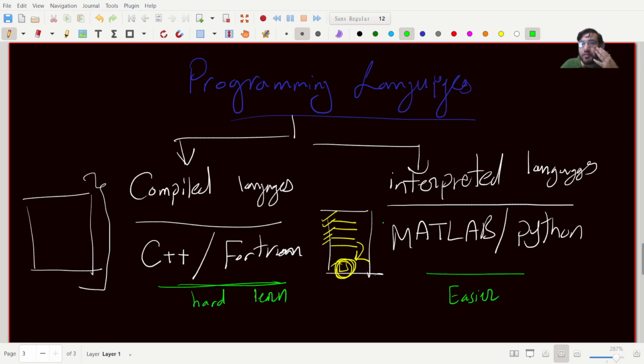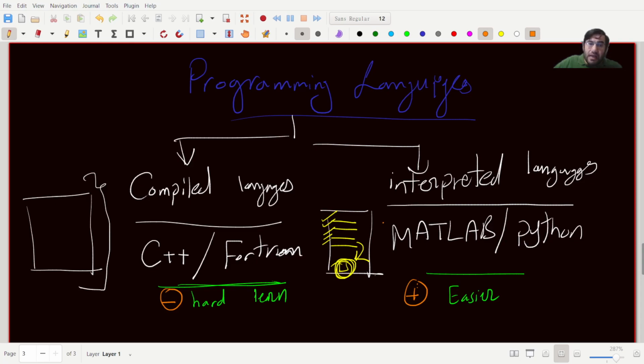Every now and then we can make these comparisons between compiled and interpreted languages. You can think of this as a plus for the interpreted languages and a minus for the compiled languages.